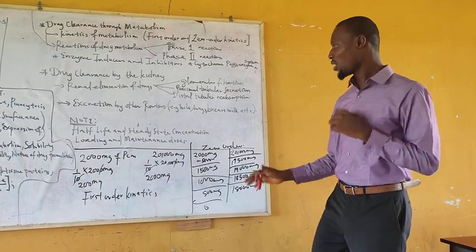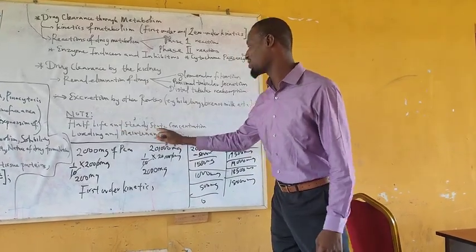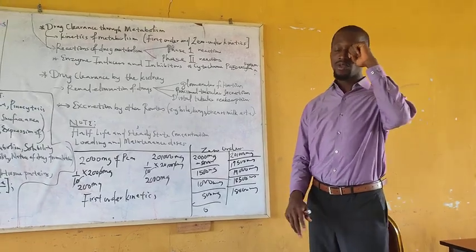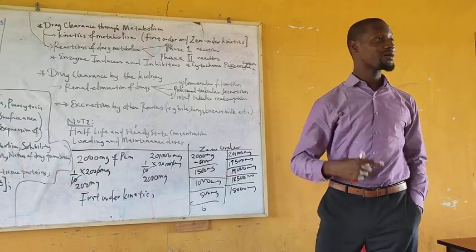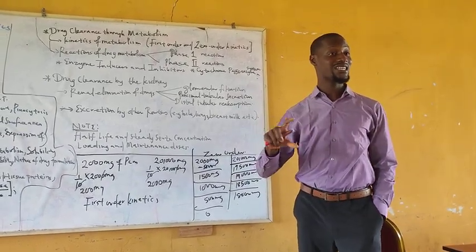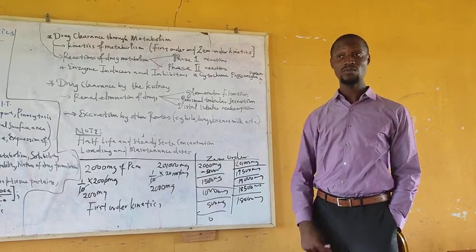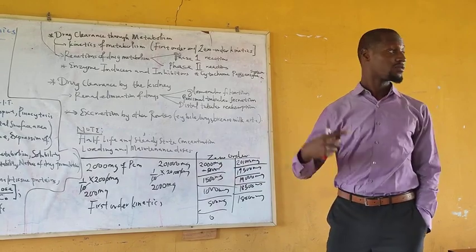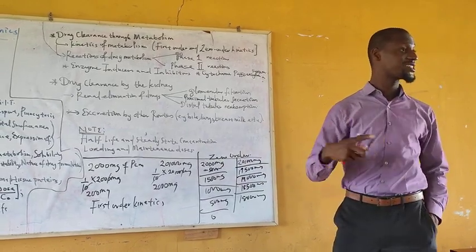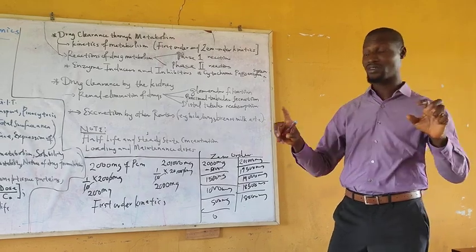Then we talk about half-life and steady state. I remember saying that it usually takes about 4 to 5 half-lives of a drug to reach a steady state, more like a fixed concentration of that drug.